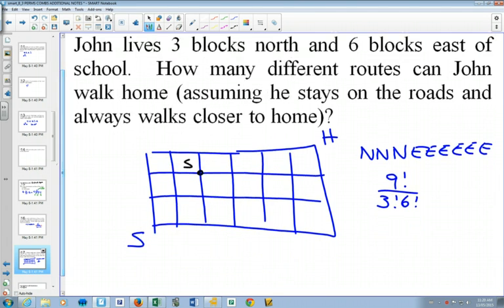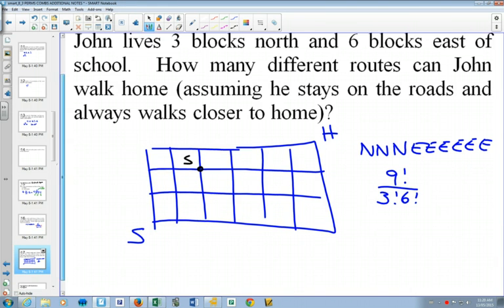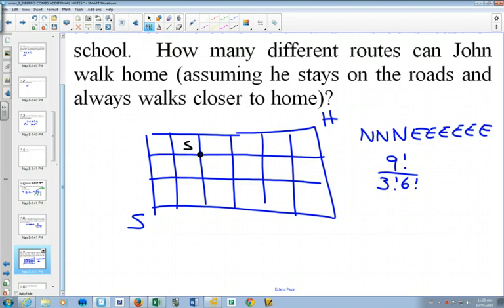So how many ways could John go home now? We have 2 decisions to make. He's got to walk to Sally's place first, and then he has to walk home from Sally's place. How many ways could he walk from school to Sally's place?